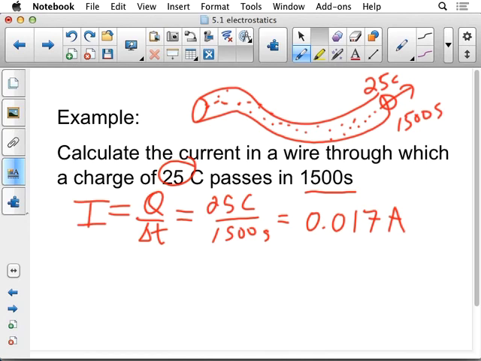Okay. And what would be a way to express this in terms of SI prefixes, centi, kilo, etc. Or power of 10. In scientific notation, this is 1.7 times 10 to the power negative 2. 1.7 times 10 to the negative 2 amps.